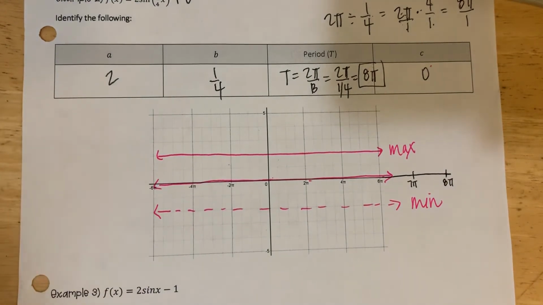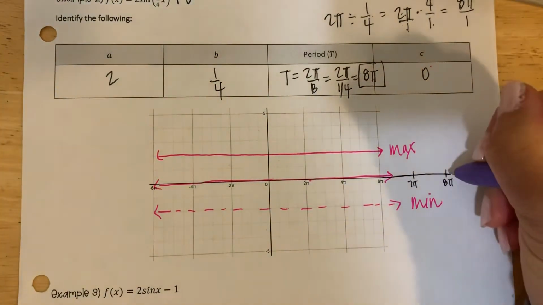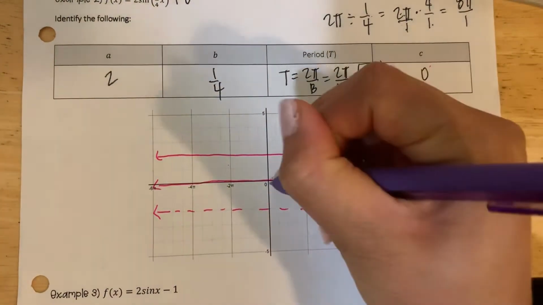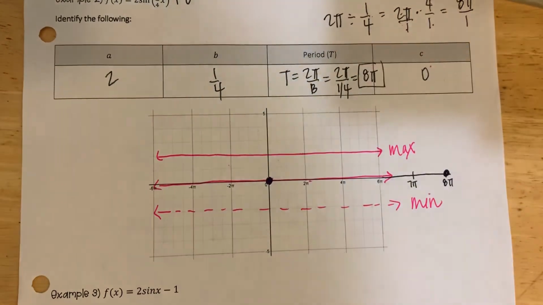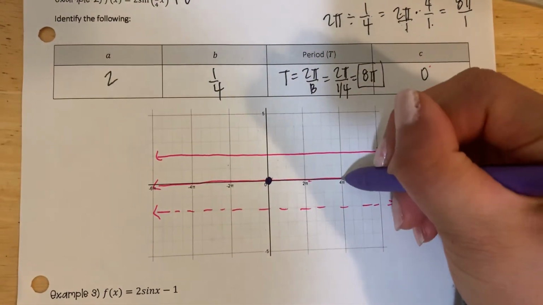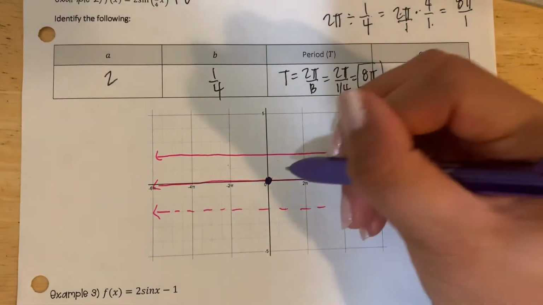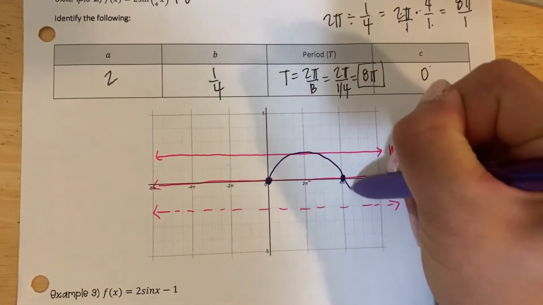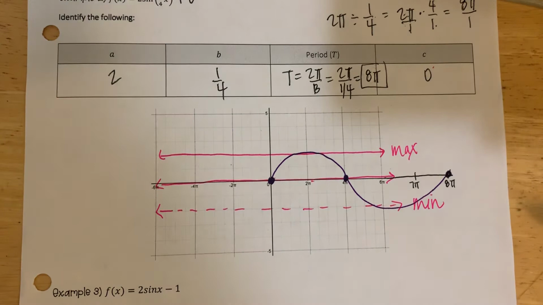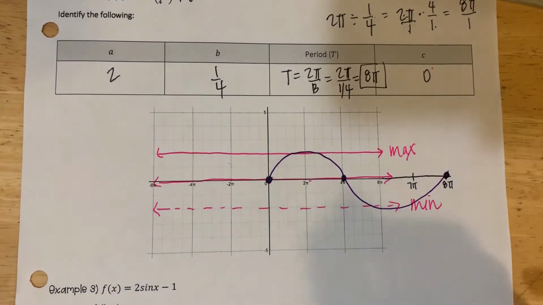But that means that the graph is going to take 8 pi to complete, from here to here, and then halfway between there and there is 4 pi, and that is 1 full cycle. Again, you're going to graph that onto Desmos, print screen, and then paste that into your Google Doc.